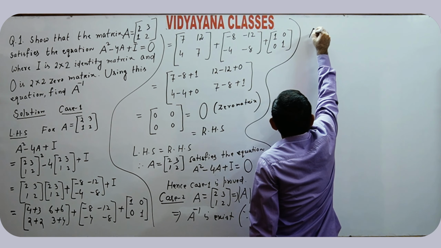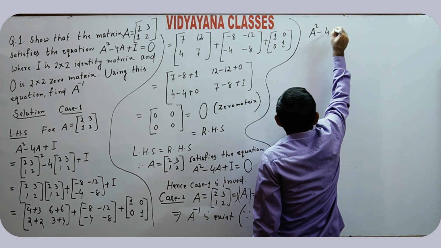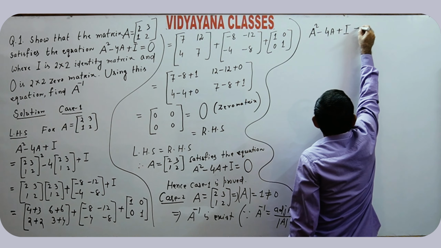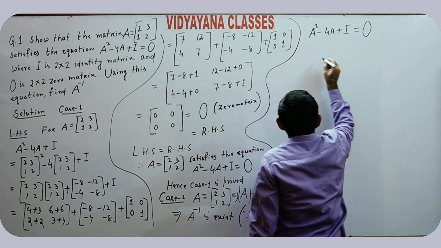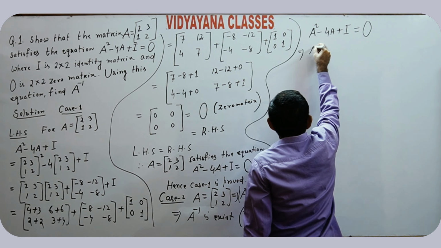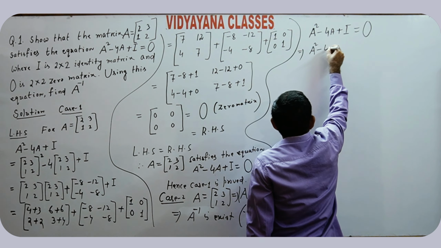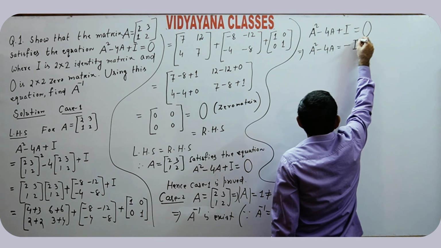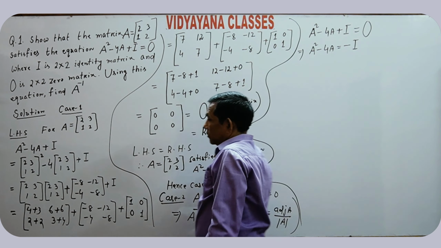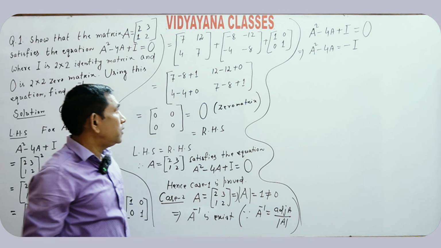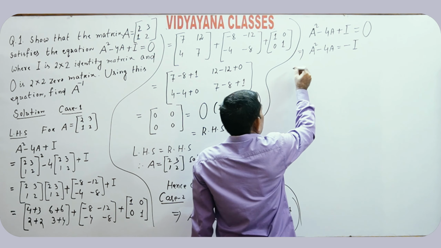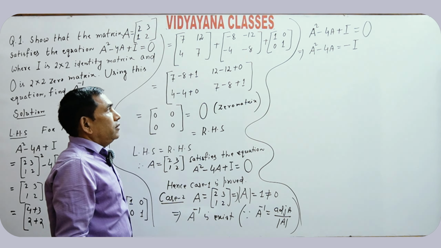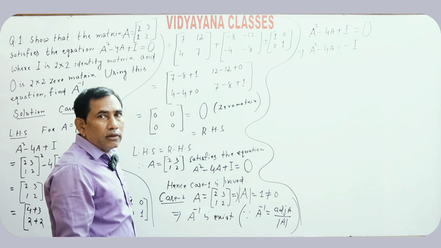A square minus 4A plus I is equal to the zero matrix, which implies A square minus 4A is equal to minus I. Clear? A square minus 4A is equal to minus I. Clear? Okay.